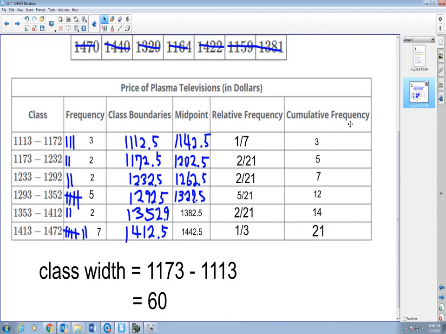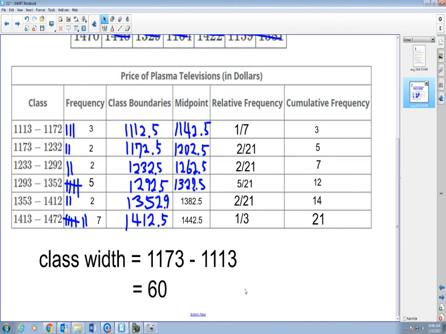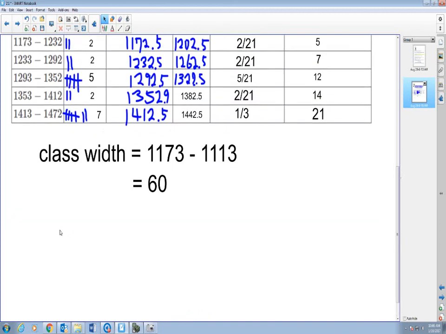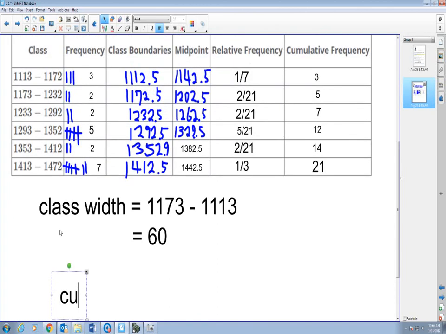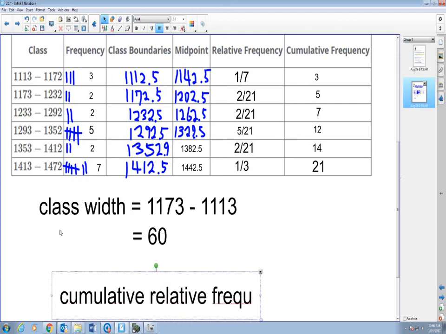Now, if we use the words cumulative relative frequency, the word relative means decimals or fractions, okay? Cumulative means we're going to add the previous ones. So the cumulative relative frequency will be the first one, 3 out of 21, right?